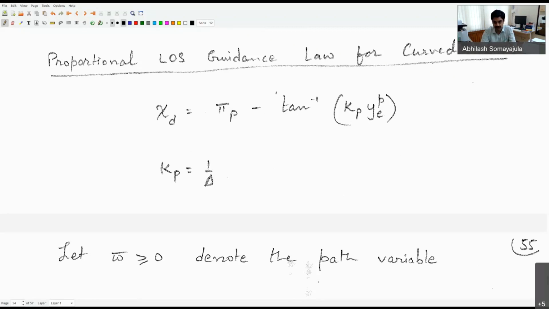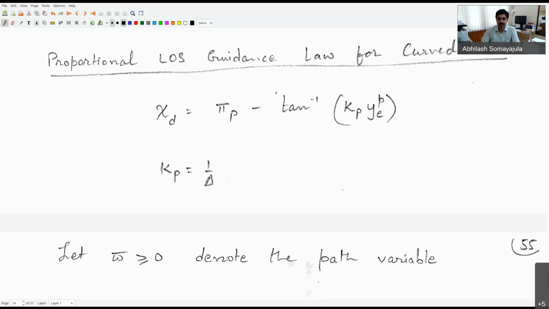Now we will discuss whether the controller we had, the so-called guidance law we had prescribed for a straight line, is still applicable for curved paths. And you'll see that there is some challenge. In fact, it is not so straightforward, and it makes the problem a little nonlinear, so let's discuss it.